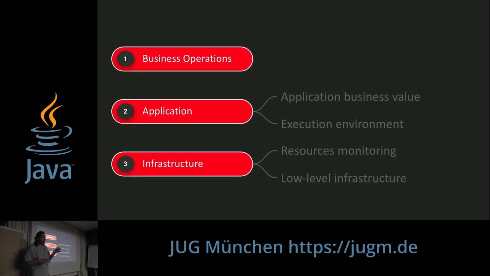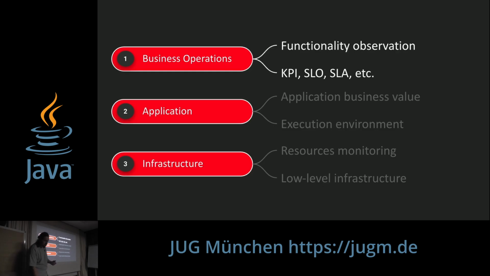And the highest abstraction is business operations. Over here, in business operations, fall KPIs, SLAs, such kind of stuff. And most important is functionality observation. You don't really care much how your microservice is doing if the features and functionalities overall are still delivering and functioning well.